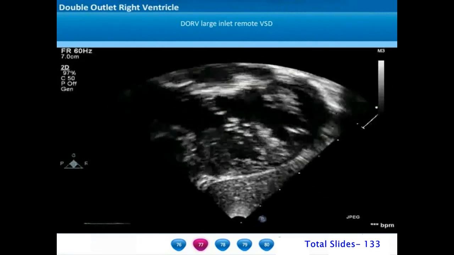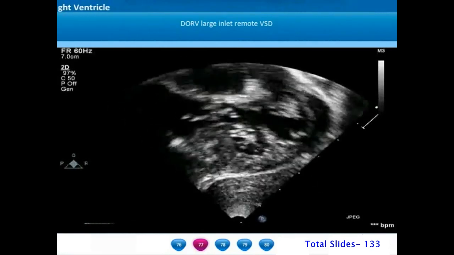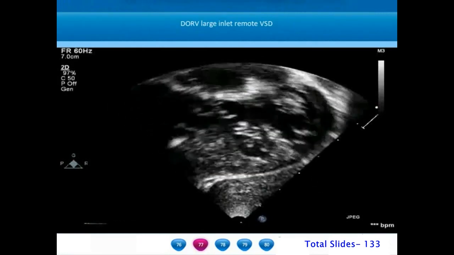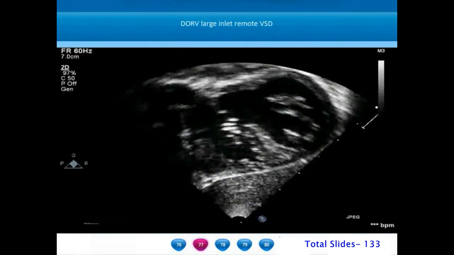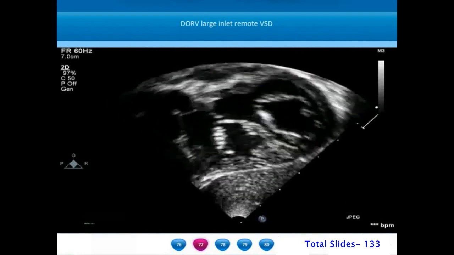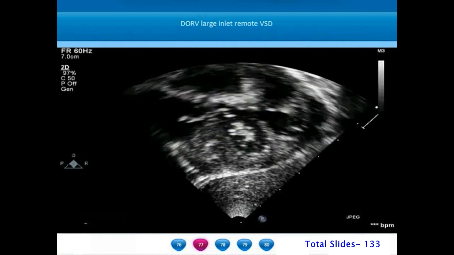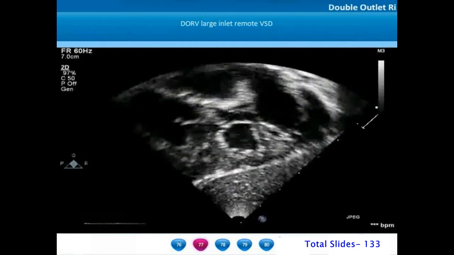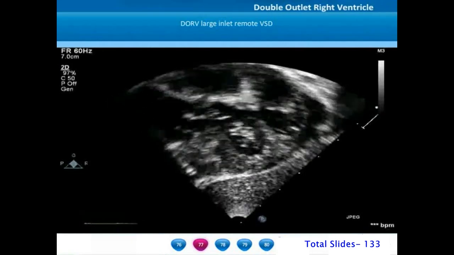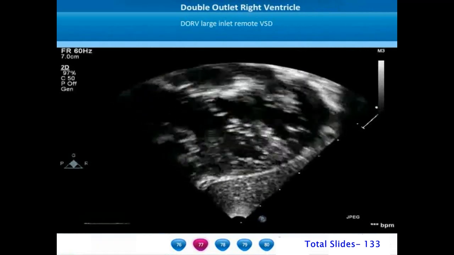mitral valves. When we carefully visualize the tricuspid valve chordal tissues, we can see some of the anteroseptal chordal tissues getting attached towards the conal septum immediately below the aortic annulus.